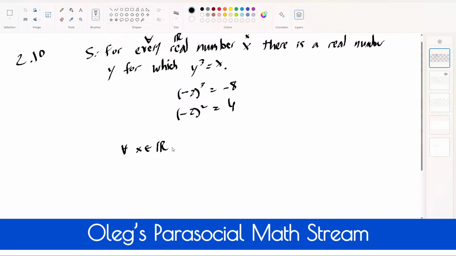There is a real number, for which, comma, I would say exists. So this is like a second part to it. Exists y member of the real set.